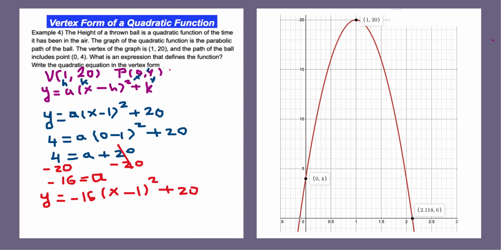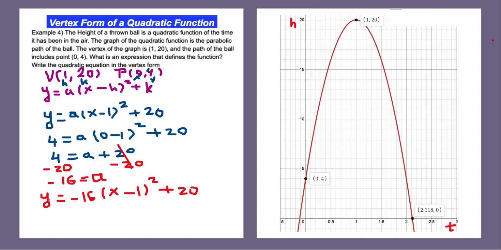But because this case is for the height, and the y-axis represents height that depends on the time, in terms of the time, if we look at the vertex, it says that at 1 second the height of the ball was 20 feet. So it was 20 feet high.